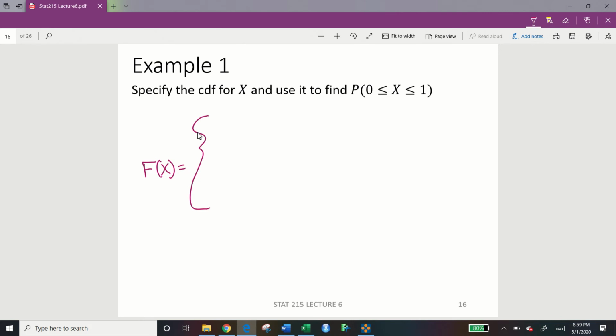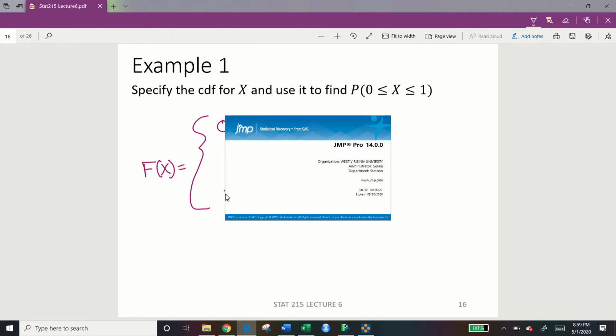Same as with our discrete random variables, we know that at the end of our bound, it is 0, so x is less than or equal to -1, F of x equals 0. And when x is greater than 2, f of x is equal to 1.